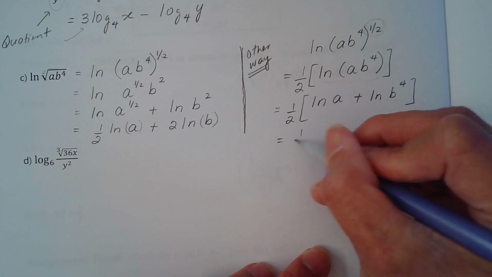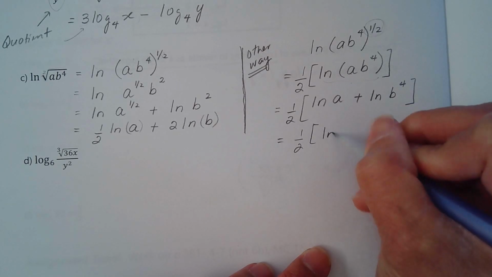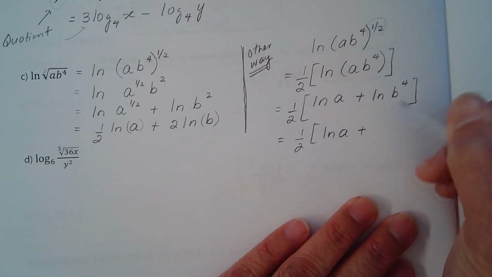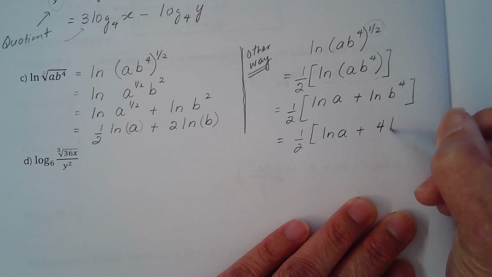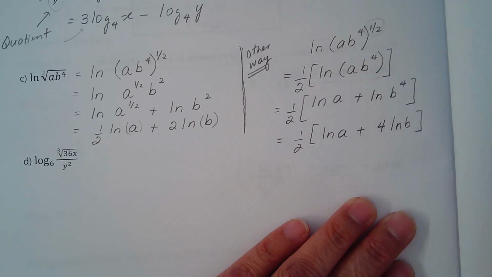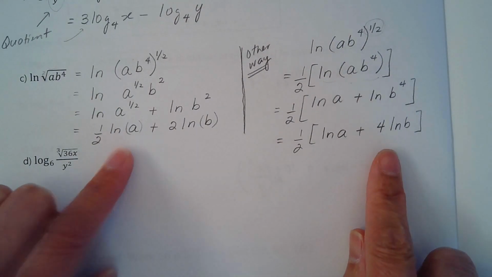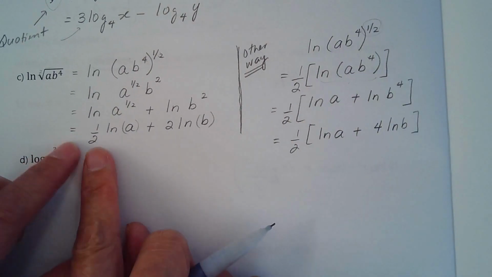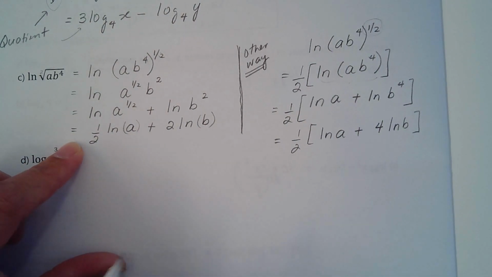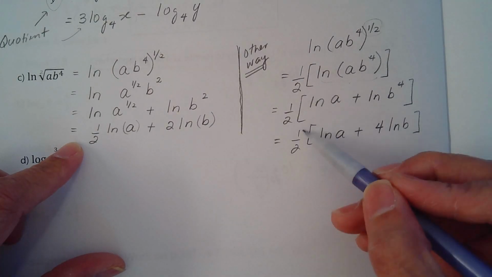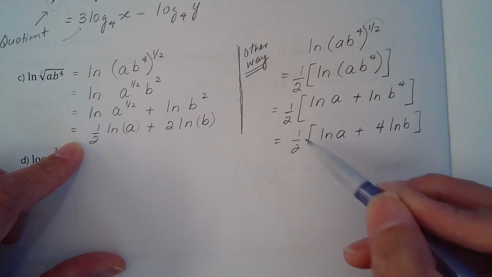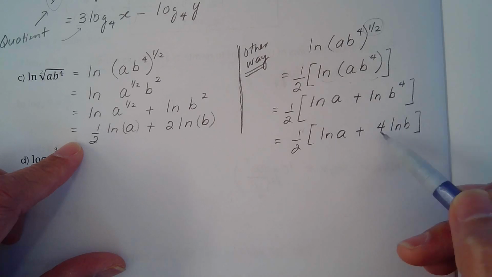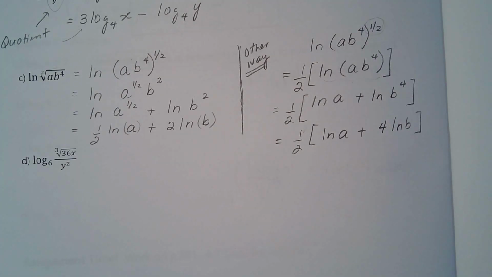So this one here is 1/2 natural log of a plus 4 times natural log of b. So it's the same approach, and if you multiply the 1/2 in, you're going to get the same thing: 1/2 natural log of a plus 2 natural log of b.